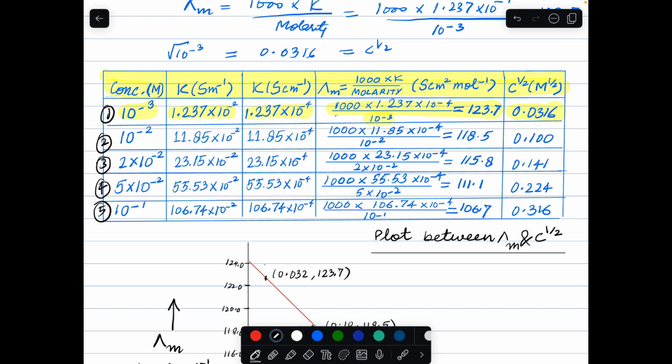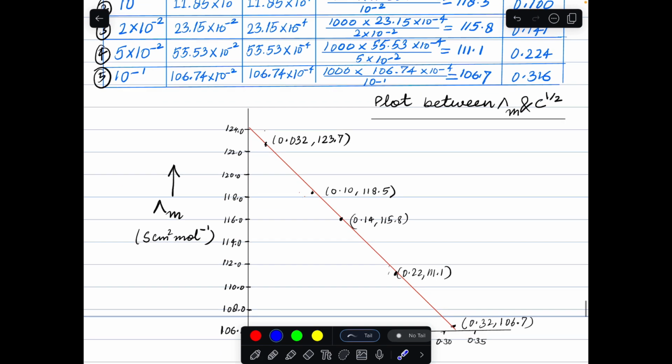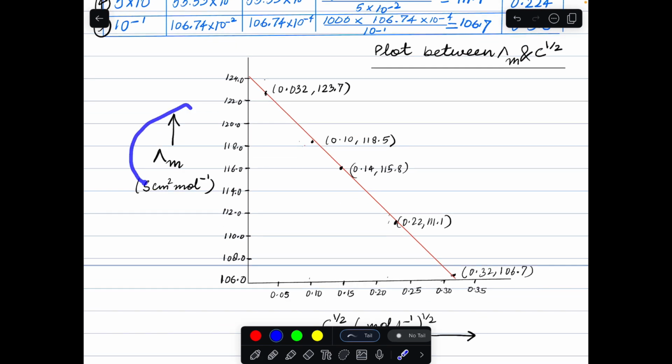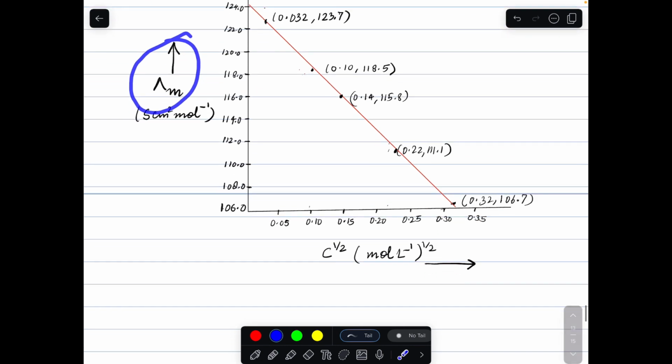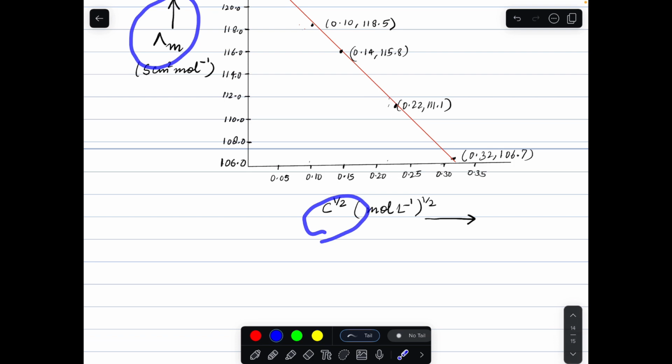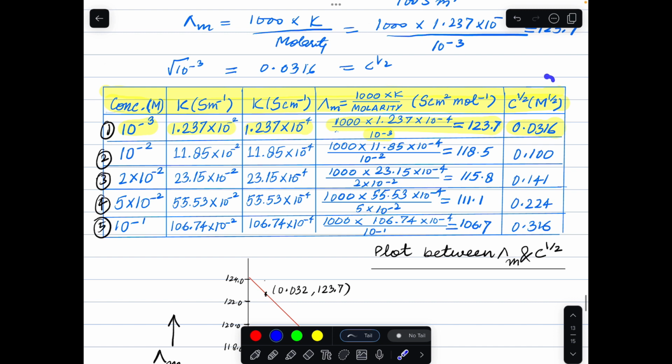From these values, next we will plot the molar conductivity, which we have calculated already, against the concentration raised to the power 1 by 2, which is our last column. We will plot molar conductivity on the y-axis and this one on the x-axis.